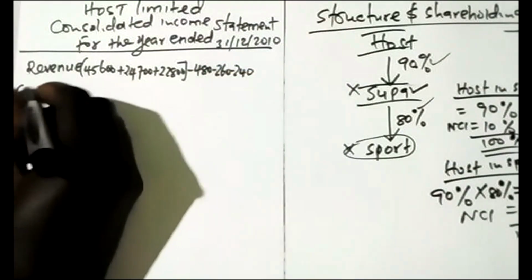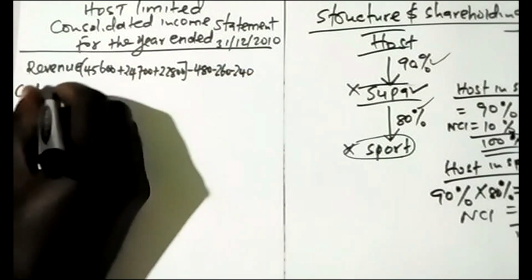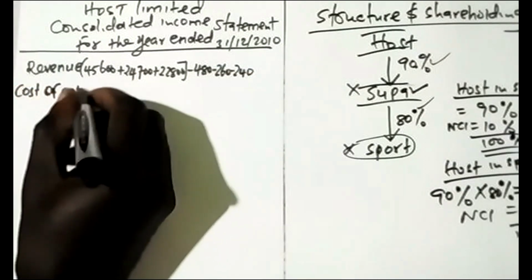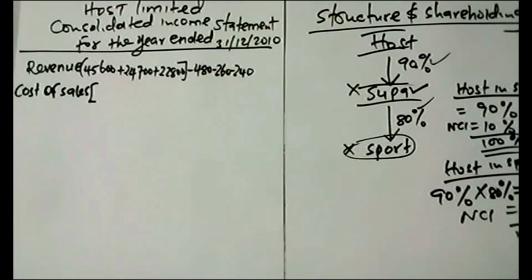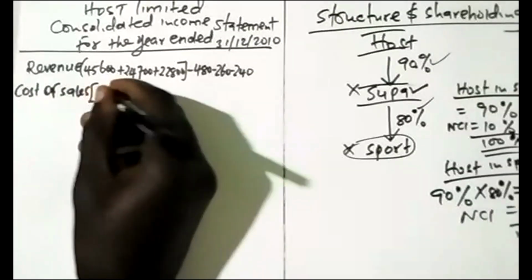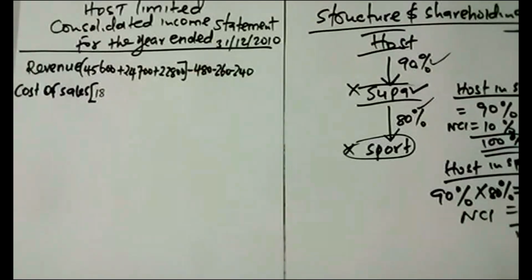Then here you come and do cost of sales. So for the cost of sales, again, we do the same, parent plus subsidiary. So the parent is 18,050.